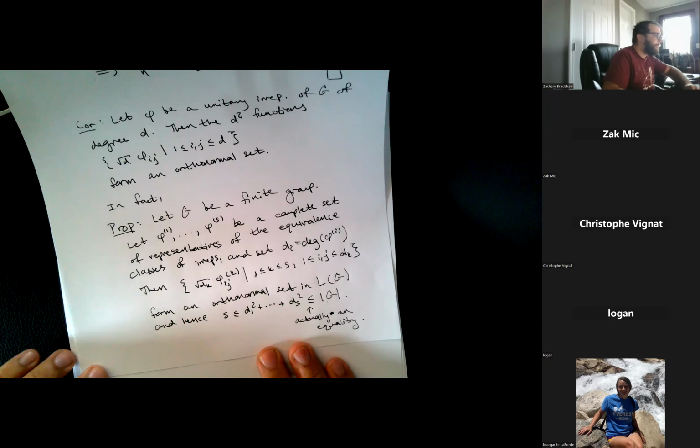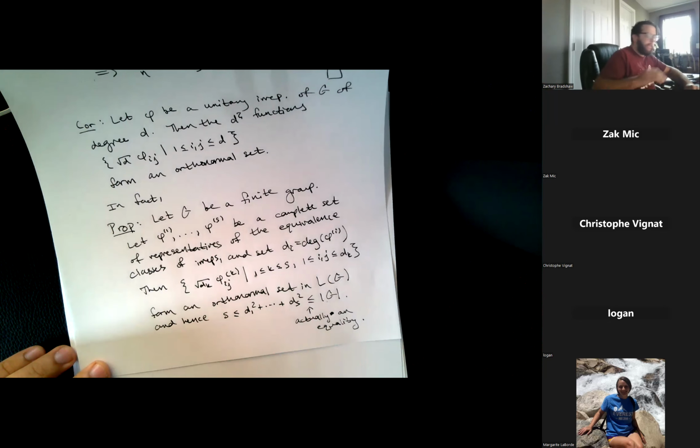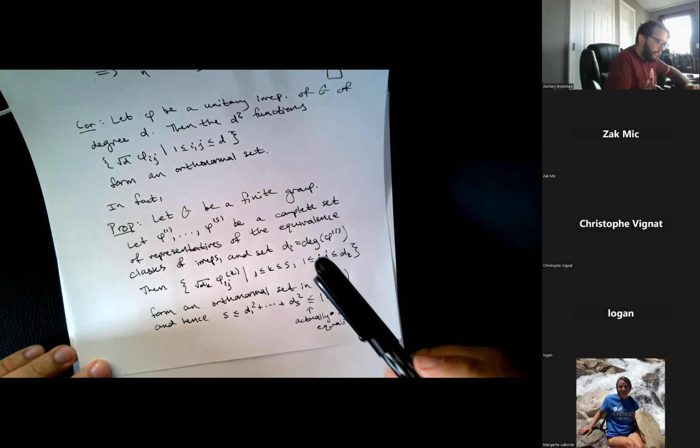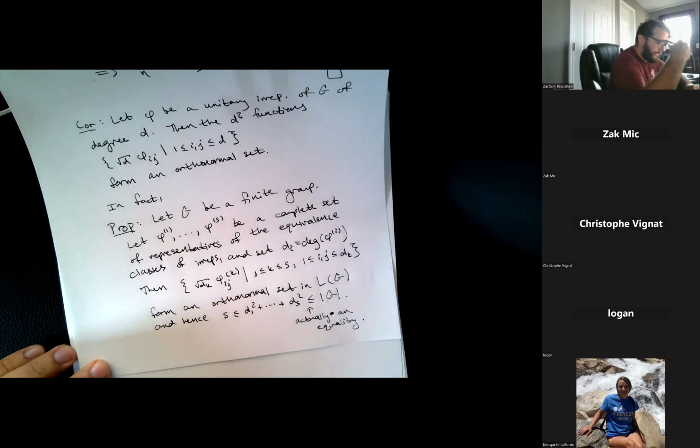I believe it's this normalization factor here, the square root. No, I mean where does the sum of the squares of the d_i come from? Yes, I see what you mean. Let's backtrack.